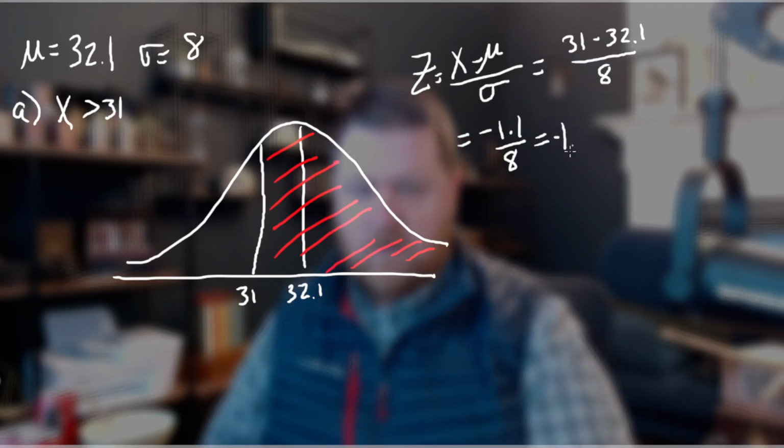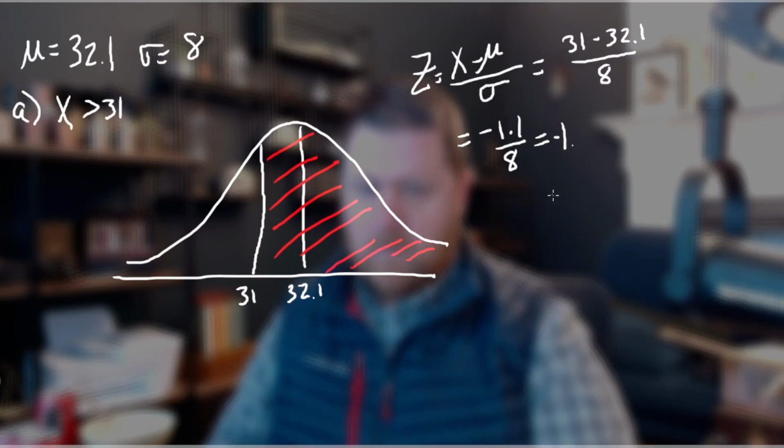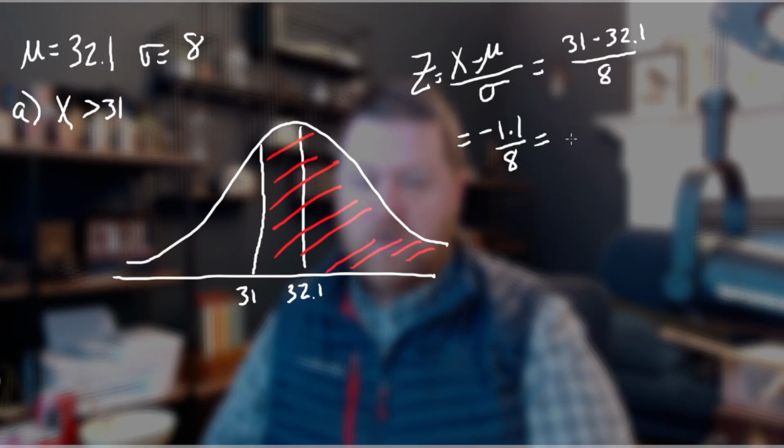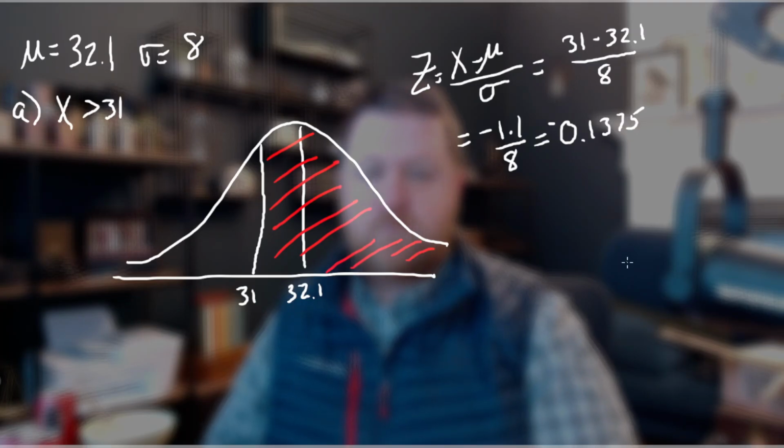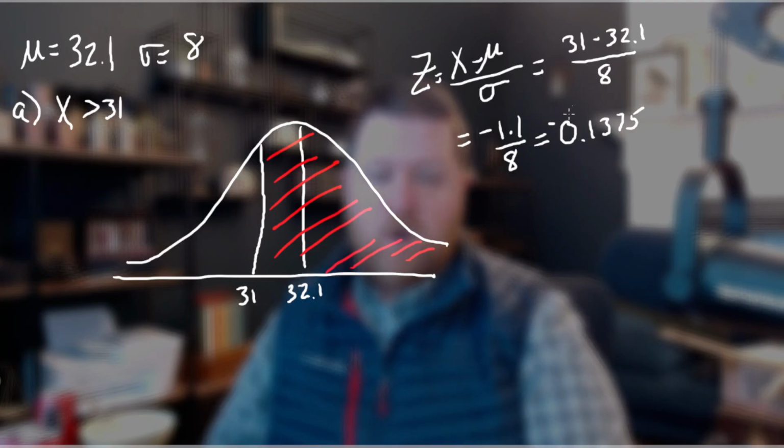Let's see. So, see, this is why I always do the calculator. So, 0.1375. It's going to be negative. So now this is our z-score. I need to go look this up on the table.